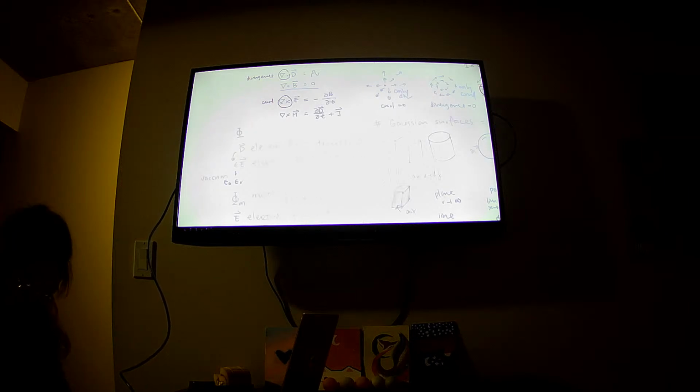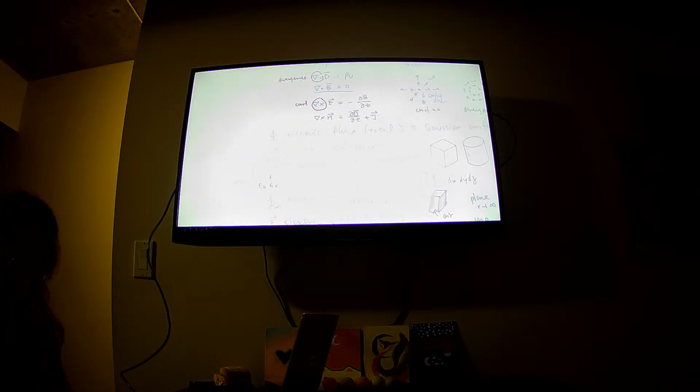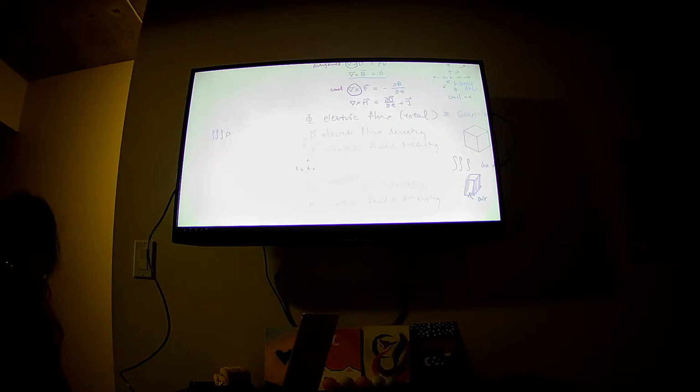Is electric flux different from electric flux density? She's correcting. Okay, this is electric flux in total, right? Total. My bad. So what happens is that you integrate your electric flux density with respect to your volume, and then you get your electric flux back, okay? So that's what it means to be totaling up.